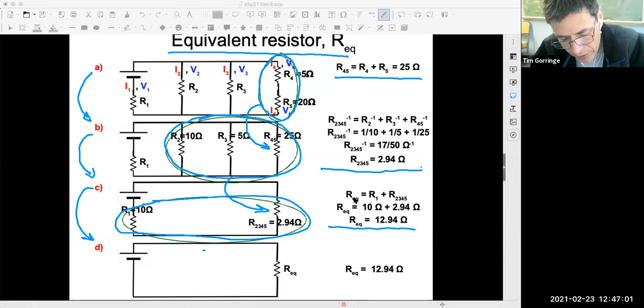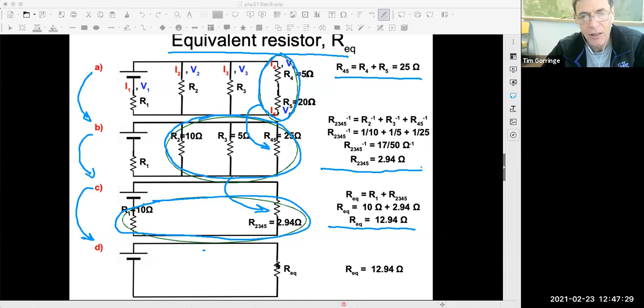The equivalent resistance for the entire circuit now, so this is what this final resistor will be, is simply the sum of R1 over here on the far left, 10 ohms, and R2,3,4,5 over here on the far right, 2.94 ohms. So it's 12.9 ohms. And that gives me, as you see here, this final circuit where I've reduced, I mean, this is brilliant, don't you think?